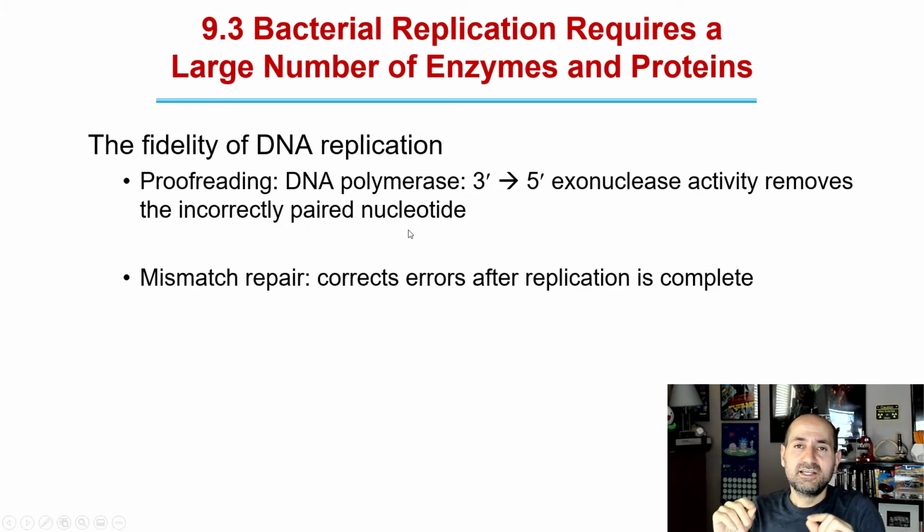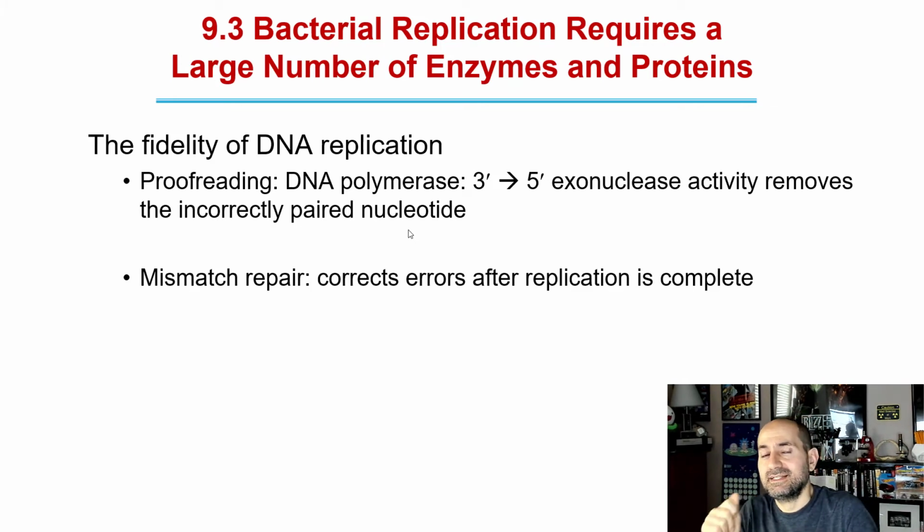If the DNA is being copied and the DNA polymerase makes a mistake, so instead of pairing an A with a T, what if it pairs an A with a G? It has the opportunity to notice that mistake, basically proofread its work. And remember, DNA polymerase III is normally working in a 5' to 3' fashion. It can notice that it made a mistake.